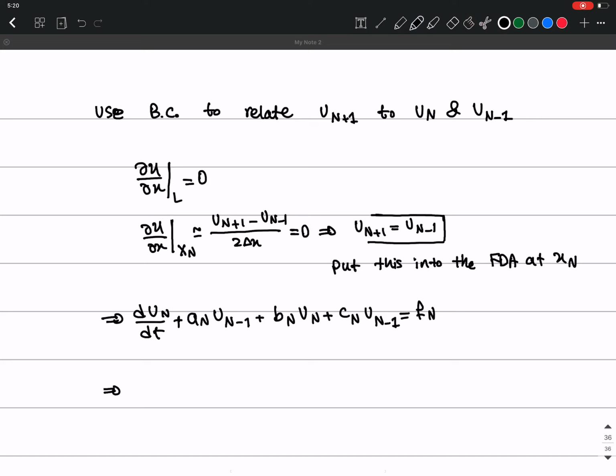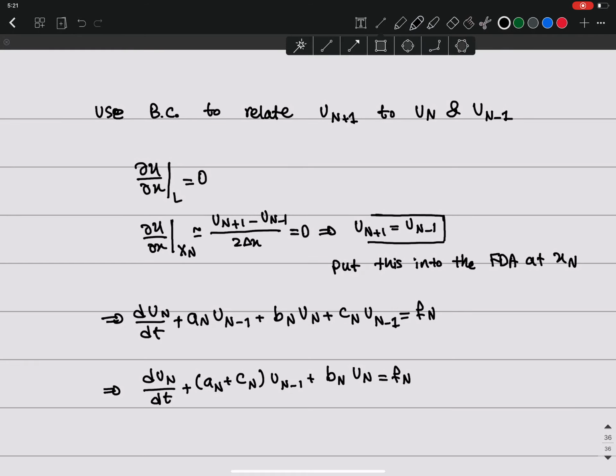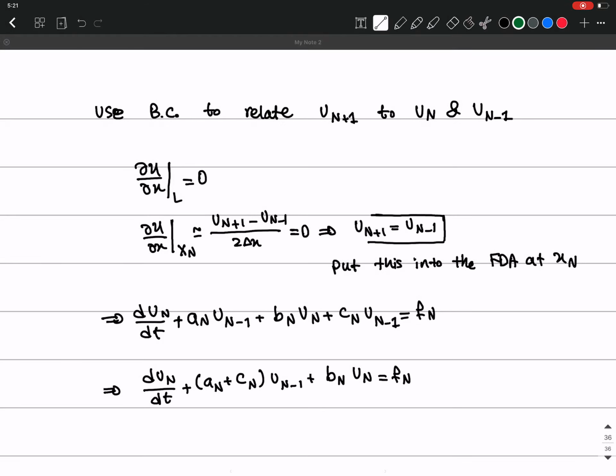This can be reduced to du_n over dt plus, factoring u_{n-1}, the coefficient becomes (a_n plus c_n) times u_{n-1}, plus b_n u_n equals f_n. So this is going to be my equation.